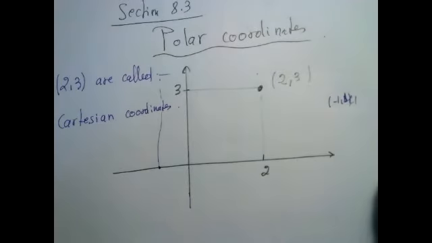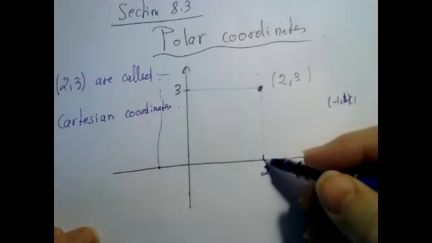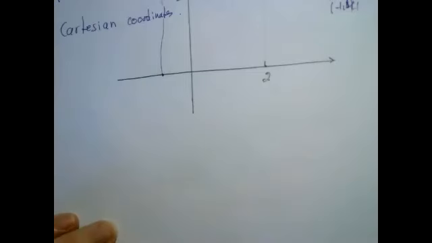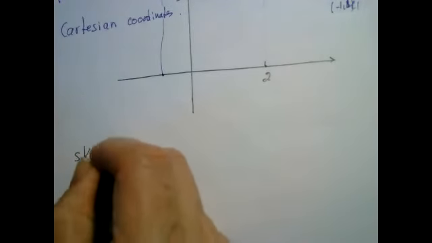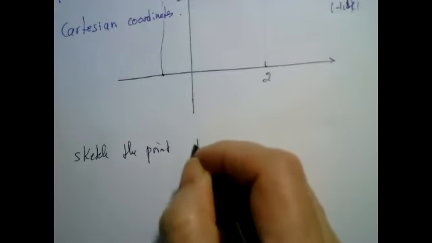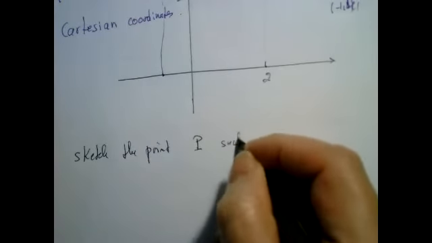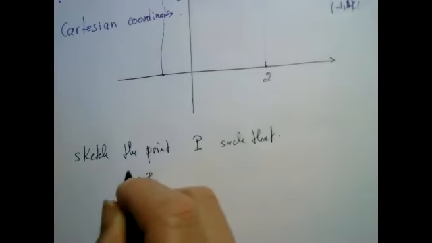Now, there is another way to locate a point in the plane that doesn't involve the x and the y. So how else can I locate a point in the plane? Before I introduce it in a very abstract way, suppose I tell you, sketch the point P, and I give you the following information.